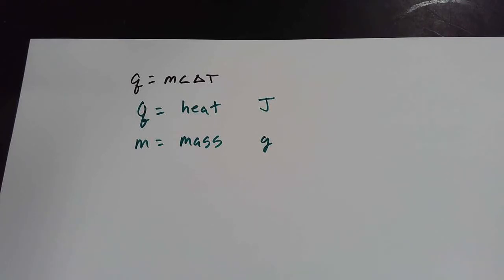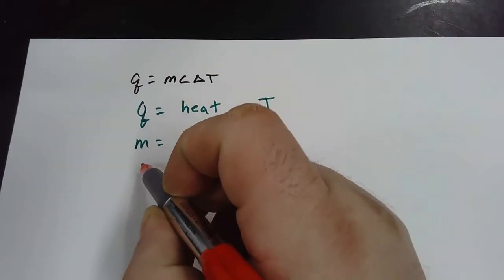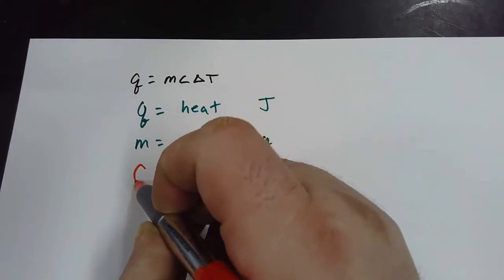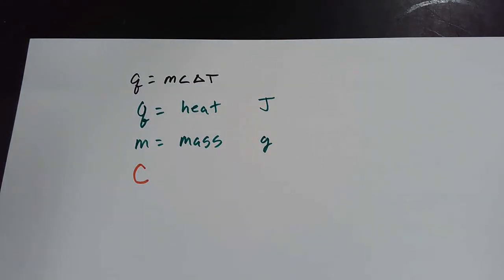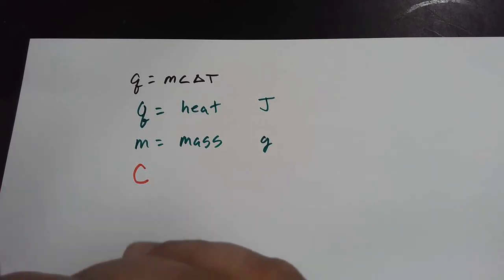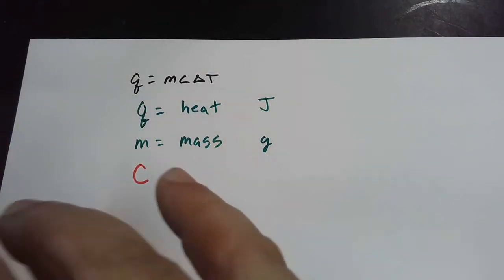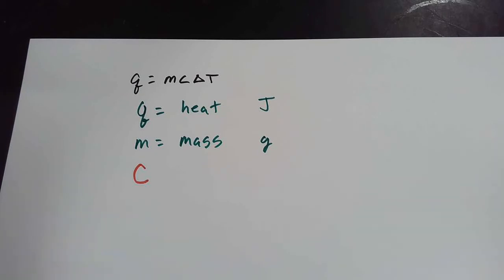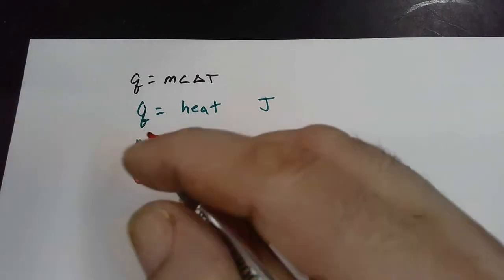Joules. All right. This one's going to be a new one on you guys. This is brand new. We've never talked about this before. It's not Celsius. It's not even change. This is a constant. Each element or each substance has its own constant.